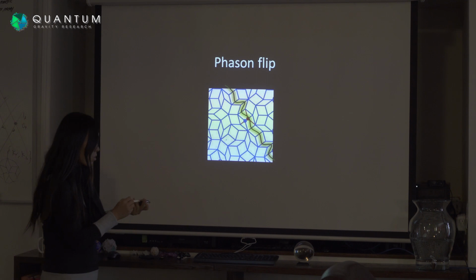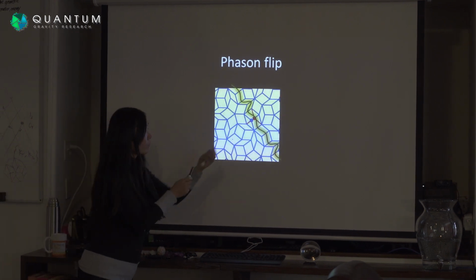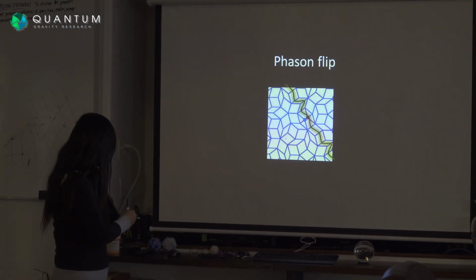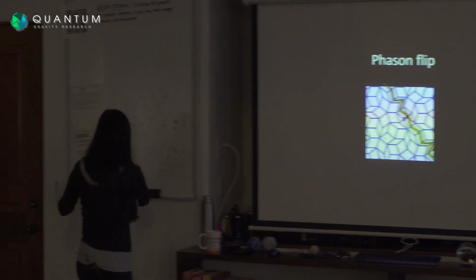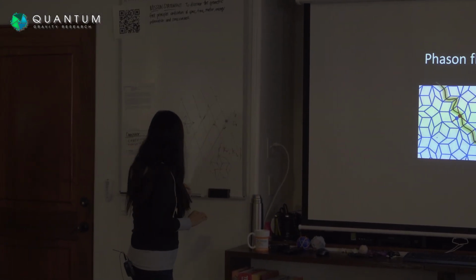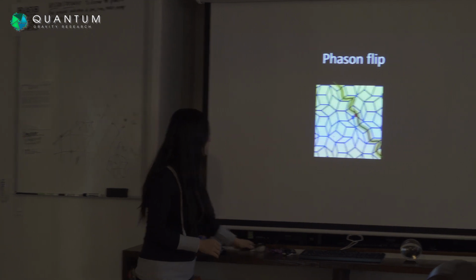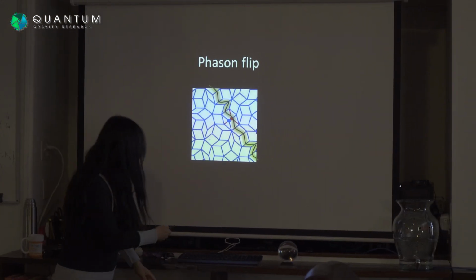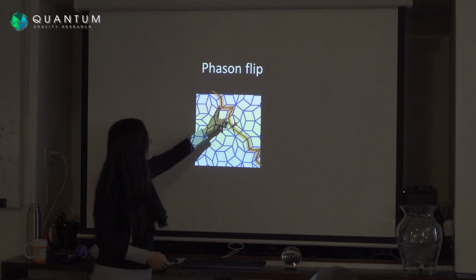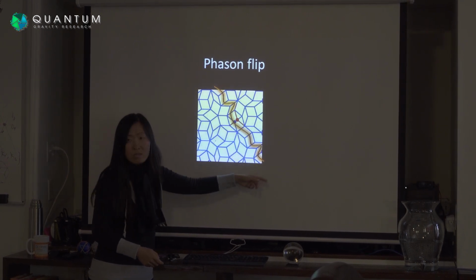So they result in this kind of phason flip. That's why phason quasi-particles are wave-like in this view of trying to think about how to model physics. They're these wavy particles. So anyway, after the flip, the ribbon would look like this.